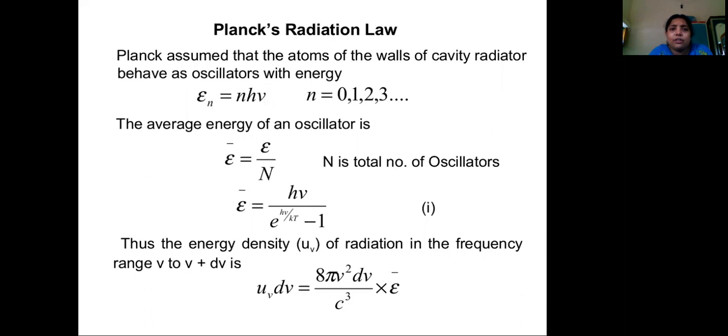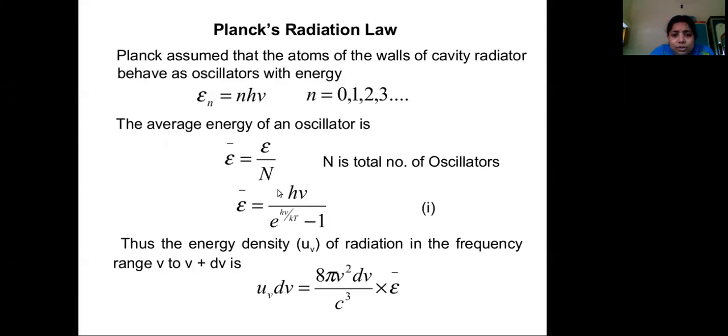Now, Planck's radiation law states that E_n equals n h nu, where n can be 0, 1, 2, 3, everything. The average energy of an oscillator is given by E bar equals E by N, where this E is equal to summation over E_n into N_n divided by N. We will do this in detail.